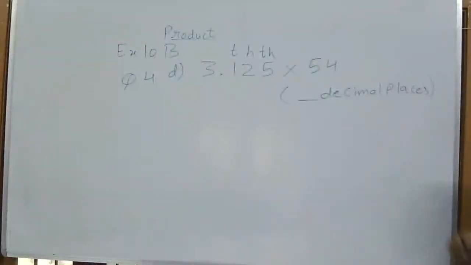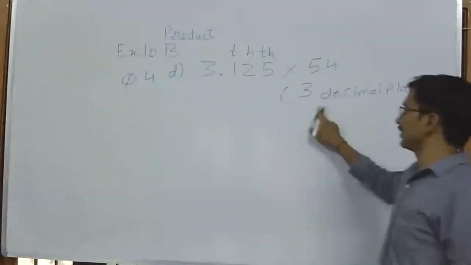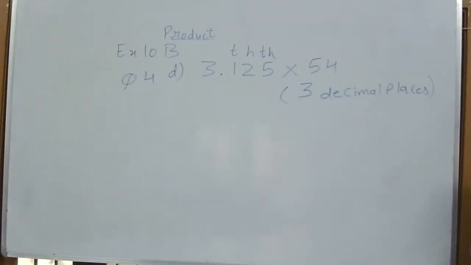There are 3 decimal places. Yes, there are 3 decimal places. So for 3 decimal places, what should you do?